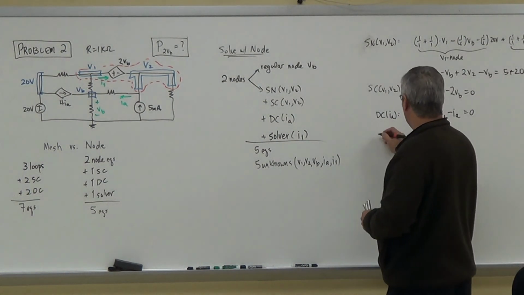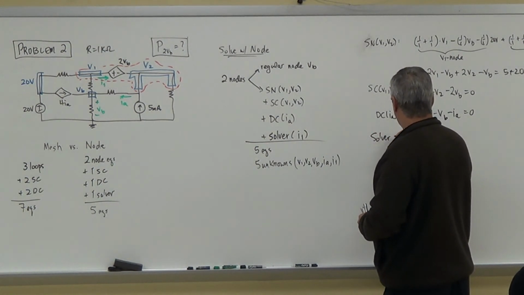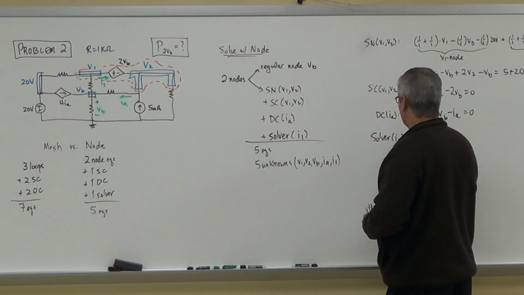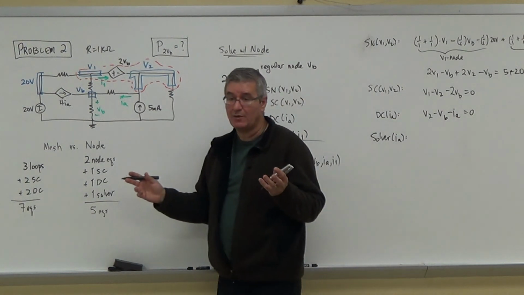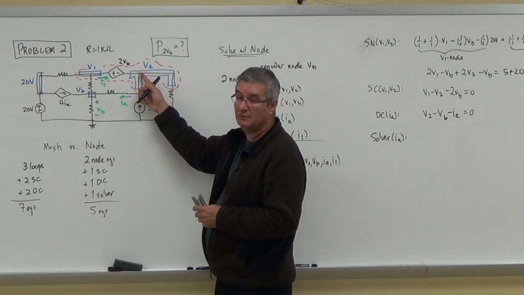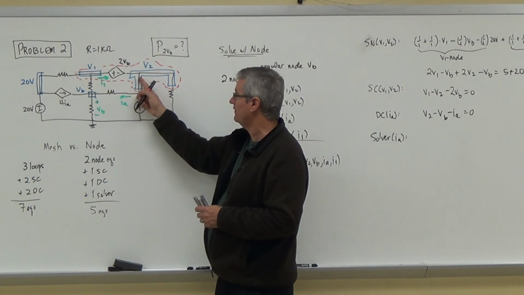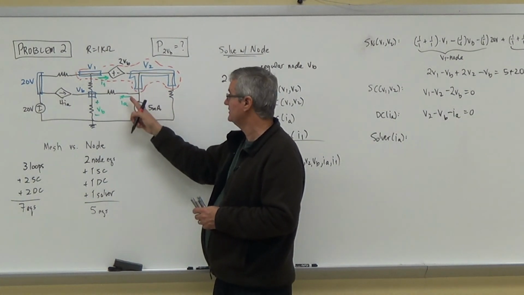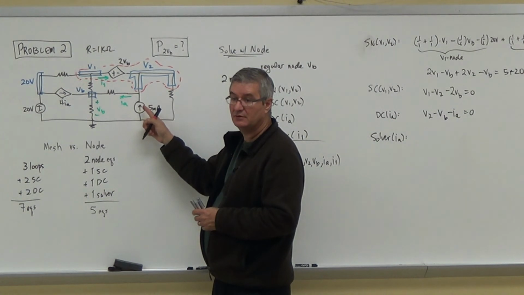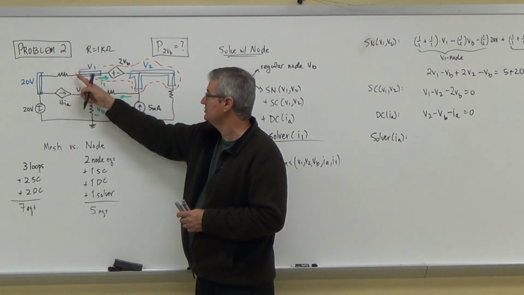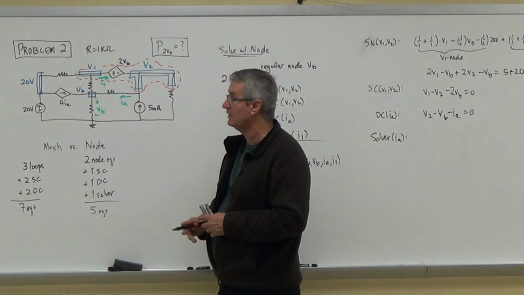And then finally, I have to solve for IA, and I can pick any node I want. I could have picked this node, and that would have been okay. But the problem is that I would have had to figure out that current right there, which means it has to be the sum of these two currents. So I picked this node because there are only 2 nodes connected to it.